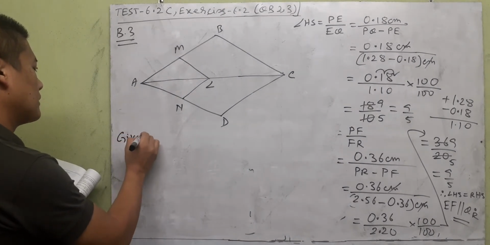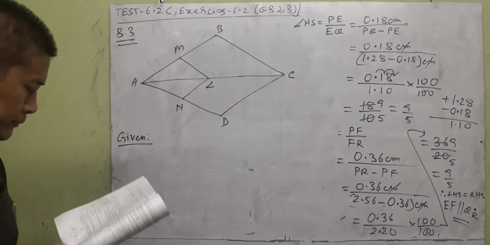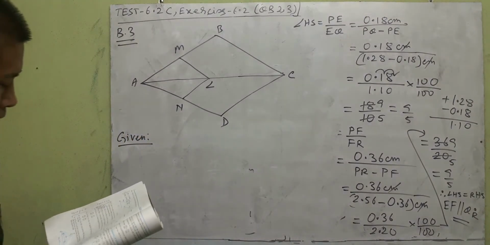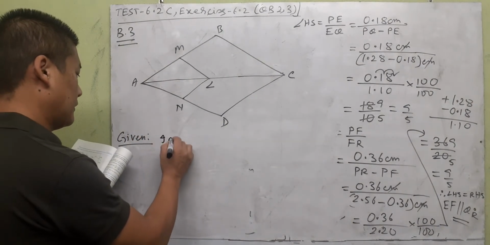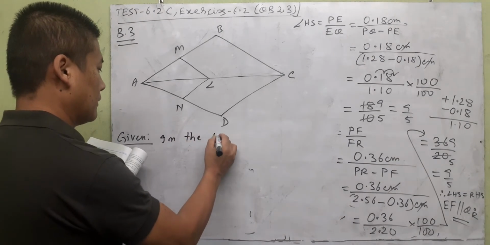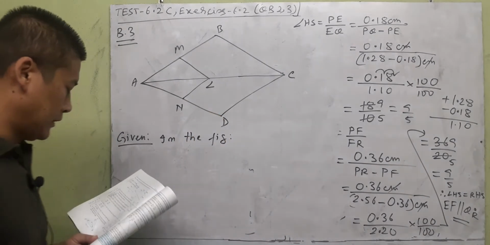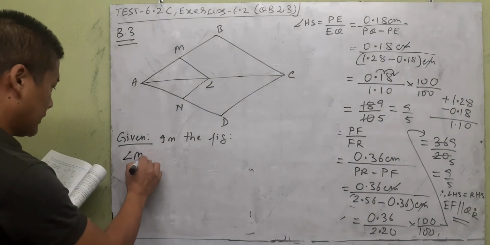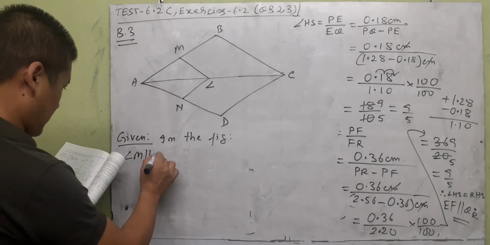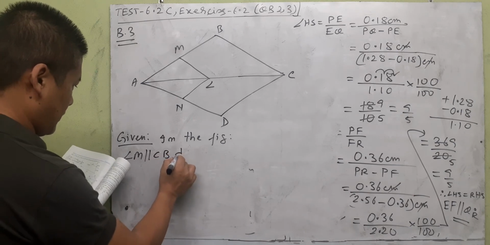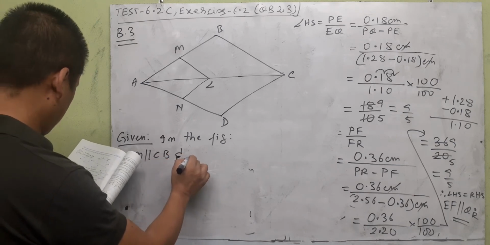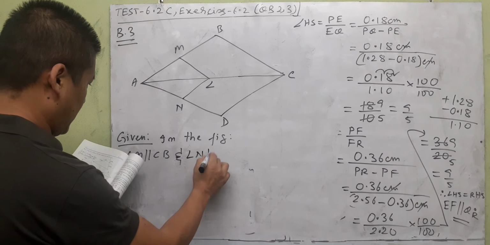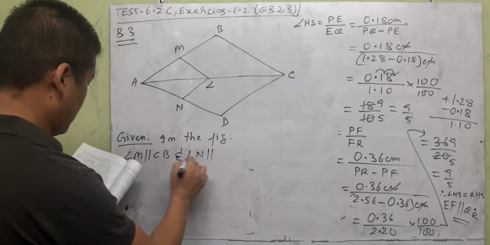Given to us, clearly in the figure, question number 3, LN is parallel to CB, and not only that, LN is parallel to CB and CD.